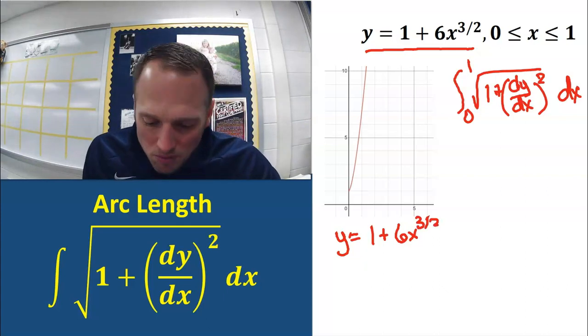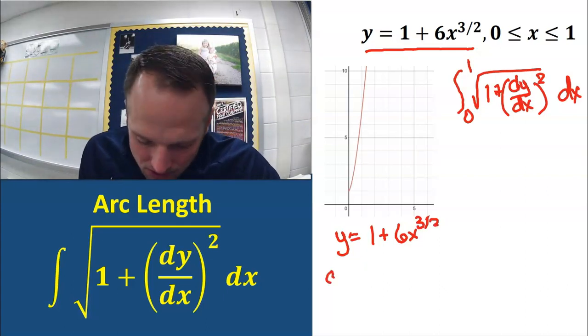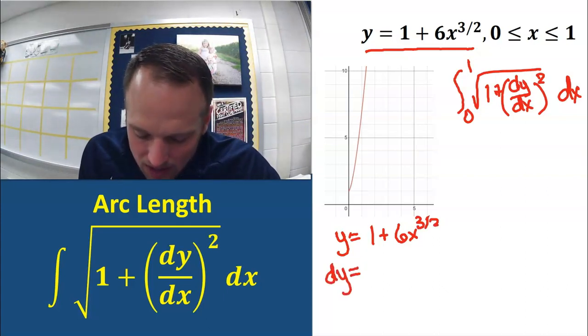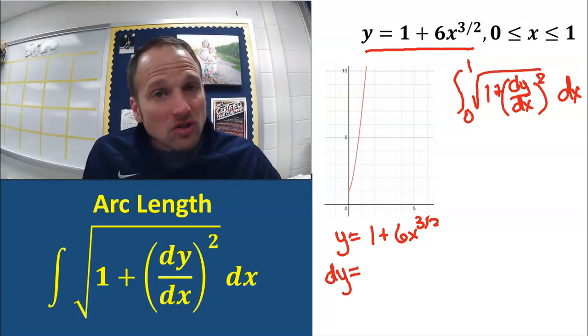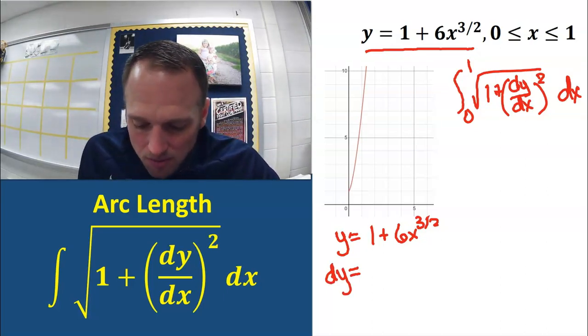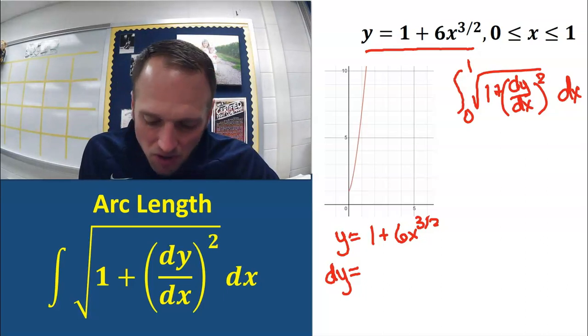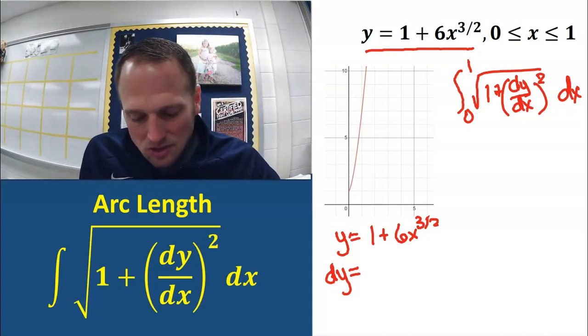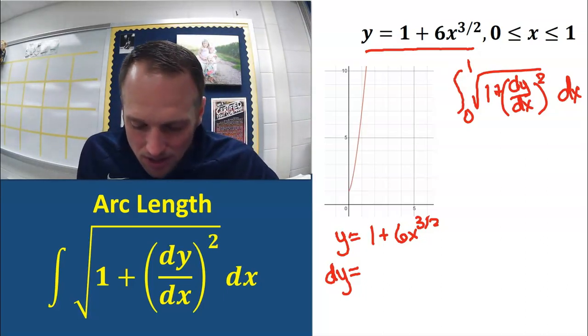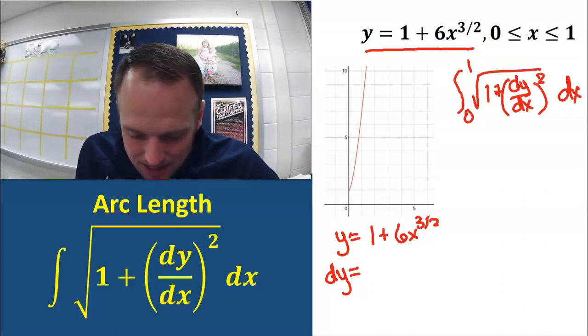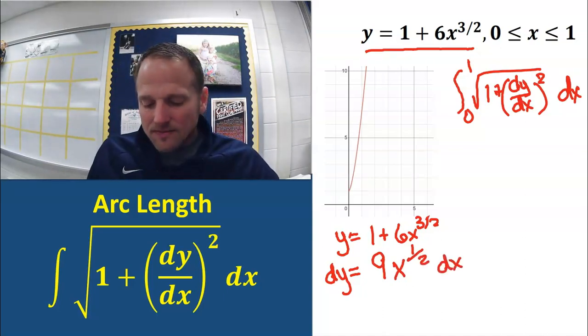Okay, so if we differentiate this, that 1 is just going to disappear. The derivative of 6x to the 3/2 is going to be 18/2, so that's going to be 9x to the 1/2 dx.